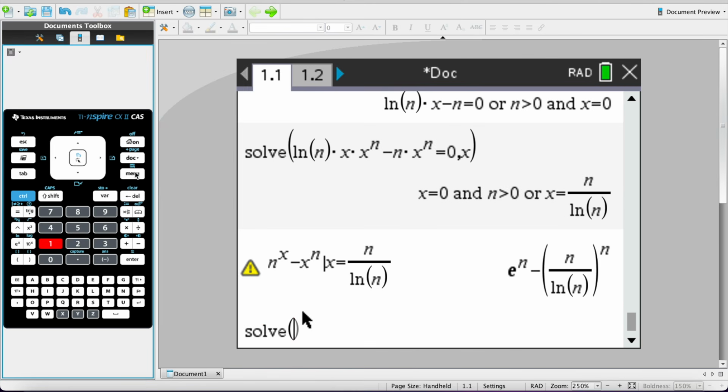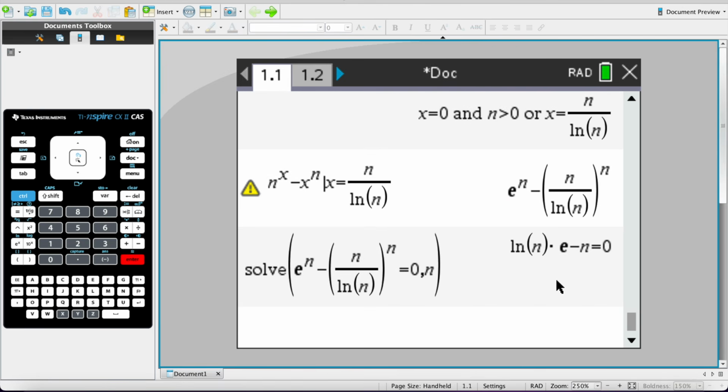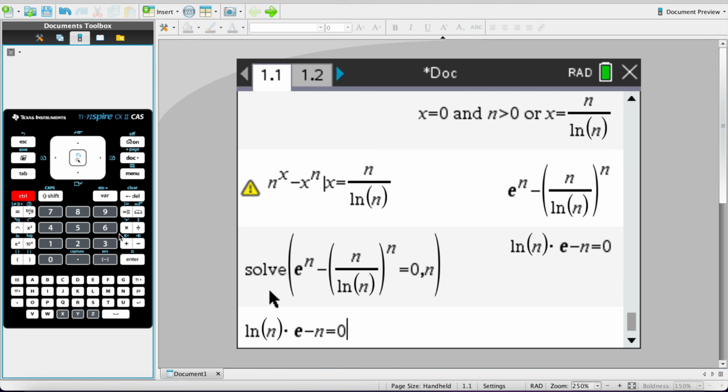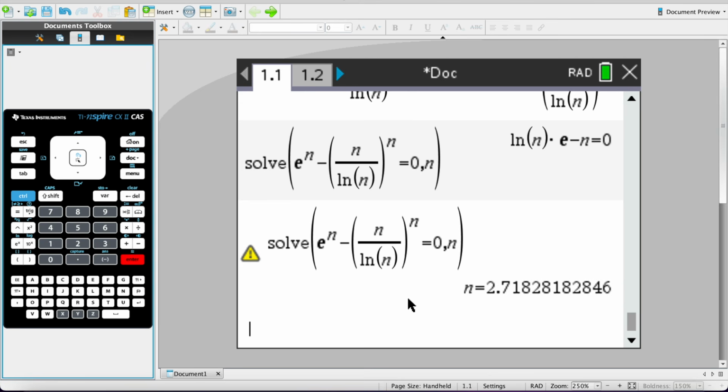I doubt that's going to solve. Let's see what this is approximately. 2.71. Isn't that e?